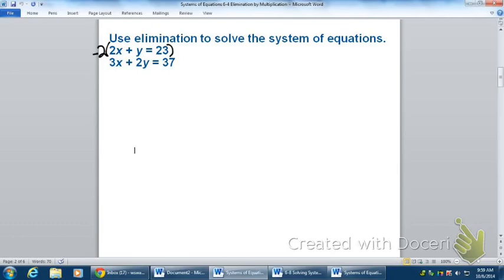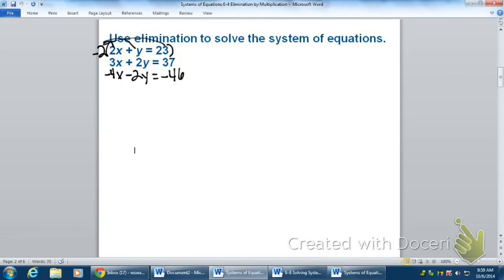If you distribute that, -2 times 2x gives you a -4x. -2 times y gives me a -2y. -2 times 23 gives me a -46. We can use multiplication and elimination at the same time.